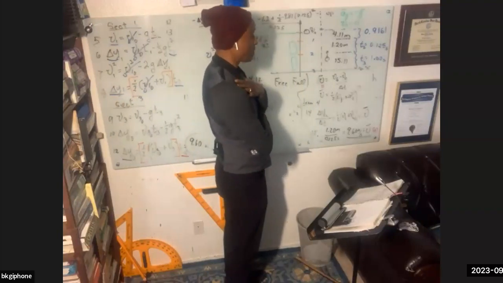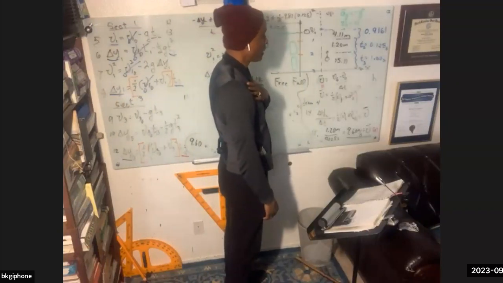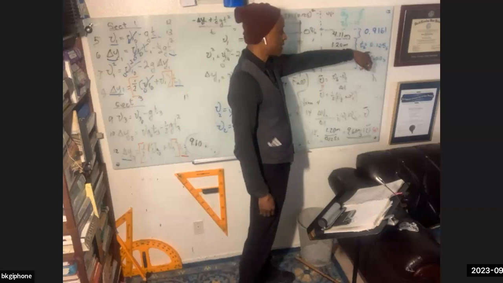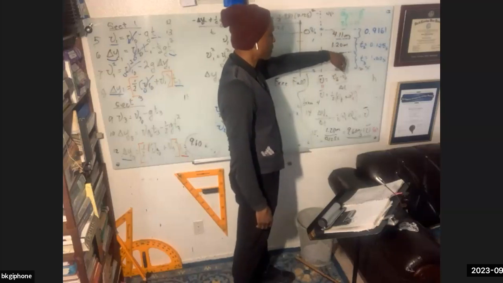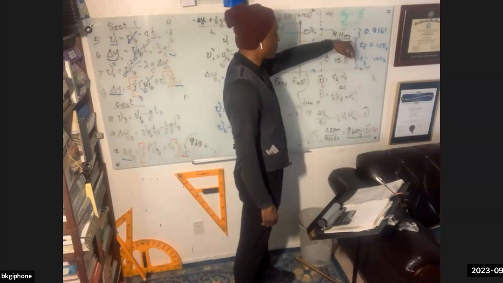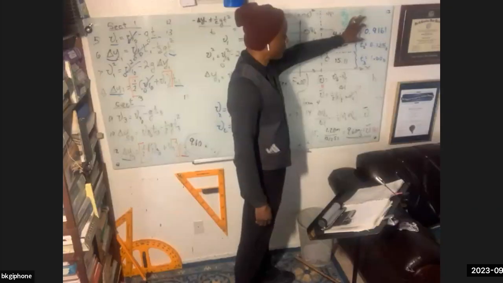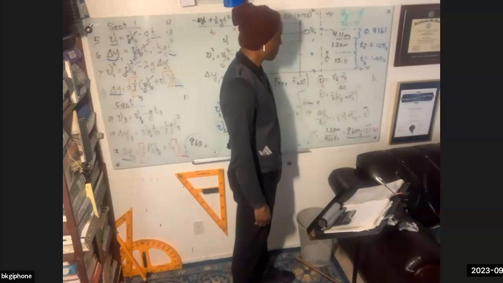Okay, so that's what I was just asking you, which I thought we were clear on. I interpreted the problem differently, that the 0.125 is not the time from the top of the building to that position, but rather the time it takes to go from the top of the window to the bottom of the window. No. In which case, the question says it takes 0.125 seconds to fall from the top.